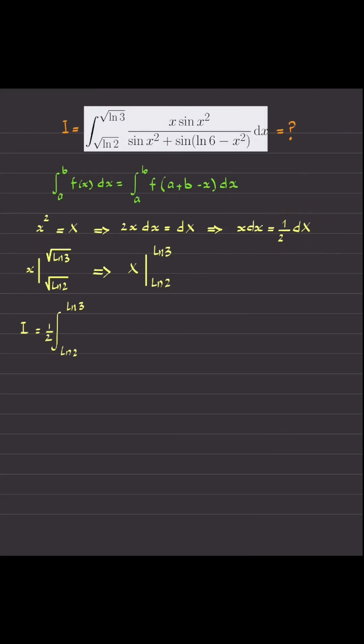And then it becomes sine of x squared, but little x squared is capital X, divided by sine capital X plus sine of ln of 6 minus capital X. Okay, so this is what I have. This is the new form of my integral.